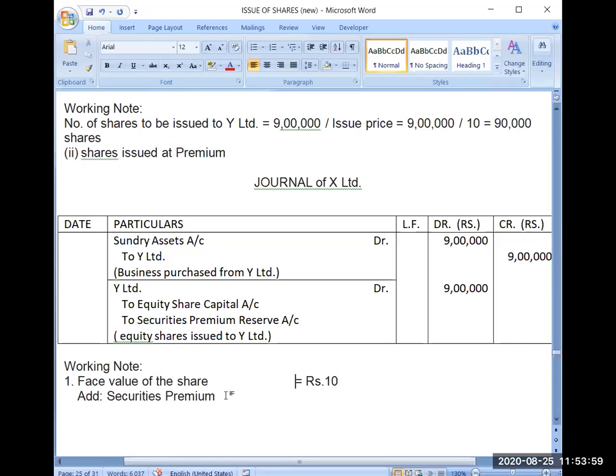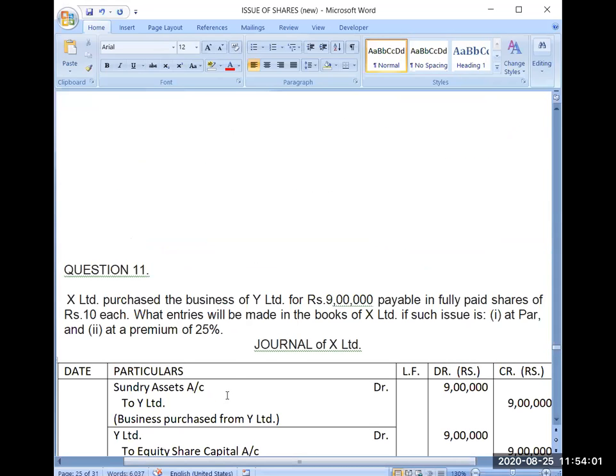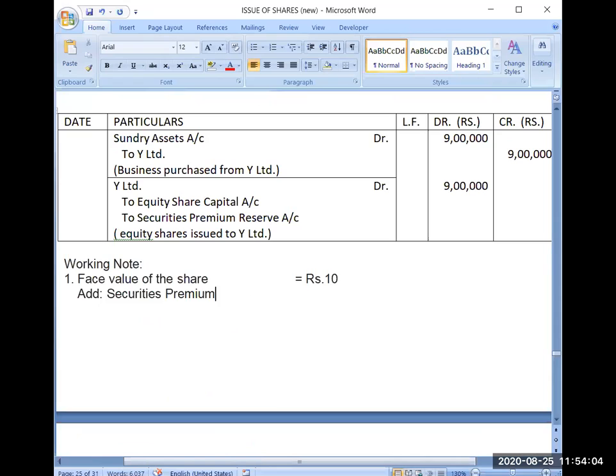Securities premium, how much? At the rate of 25%. So it will be 2.5.